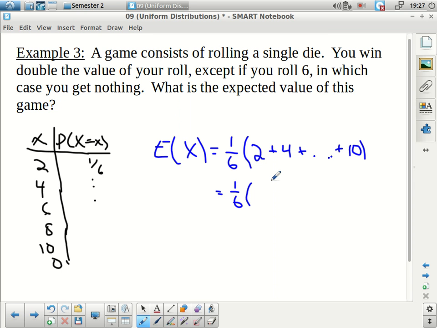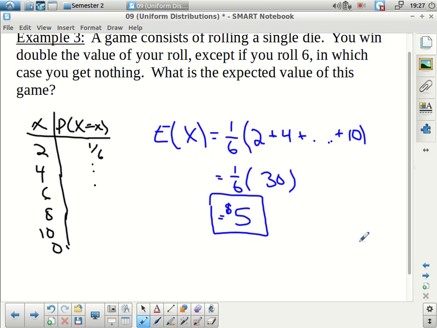So that's going to add up to 30. So for this game, the expected value is $5.